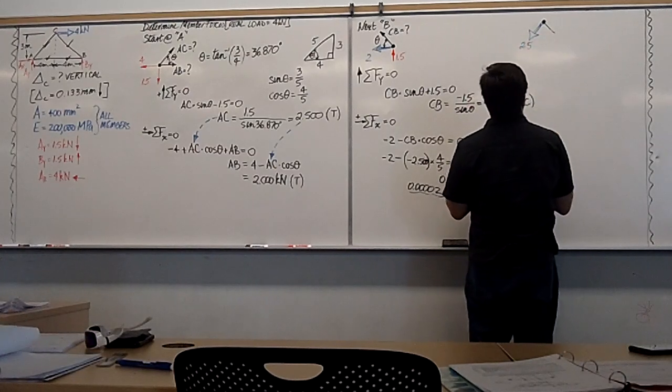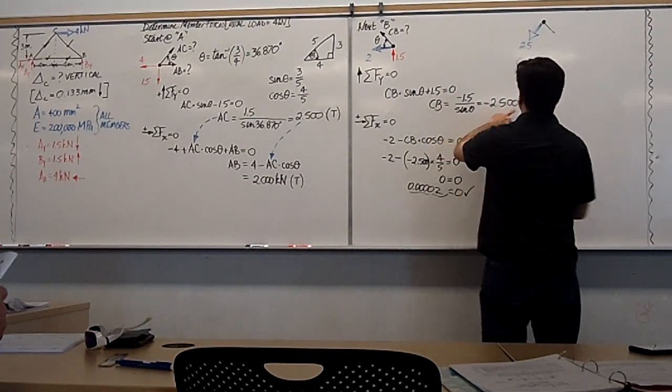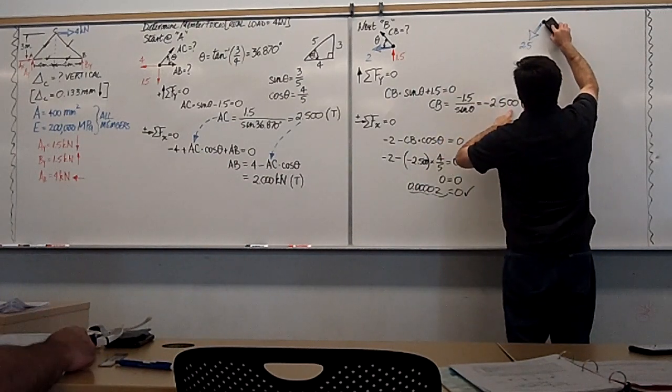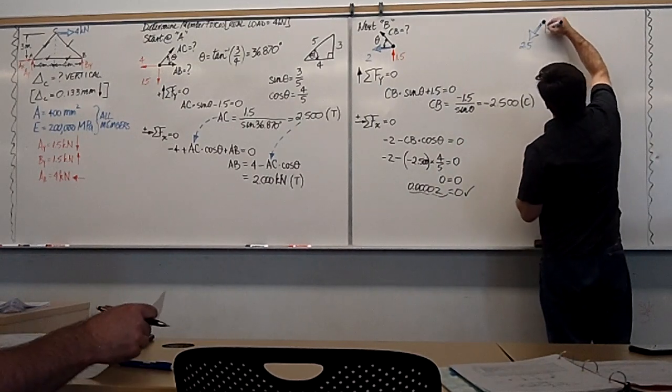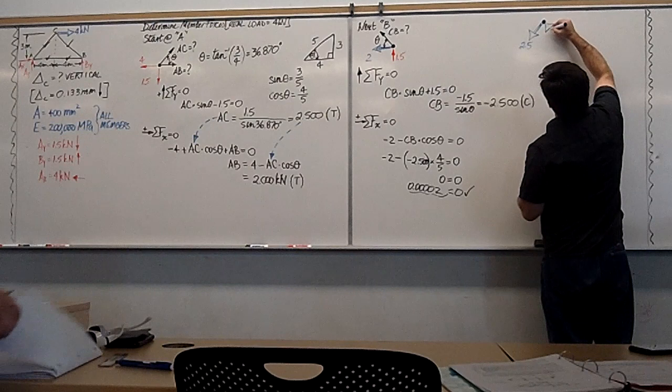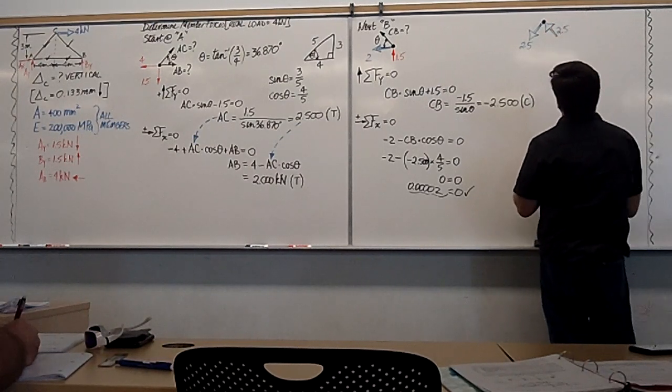For CB, we have this in compression, so I'm going to draw it in compression like this, 2.5 in compression.